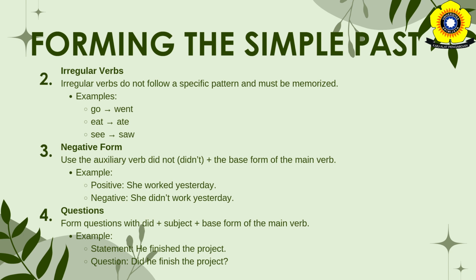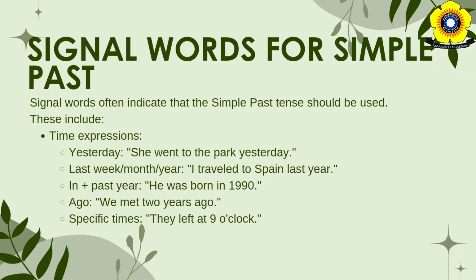4. Questions. Form questions with did plus subject plus base form of the main verb. Example: statement: he finished the project. So the question is, did he finish the project? Signal words for simple past.